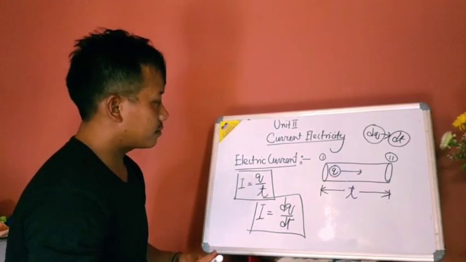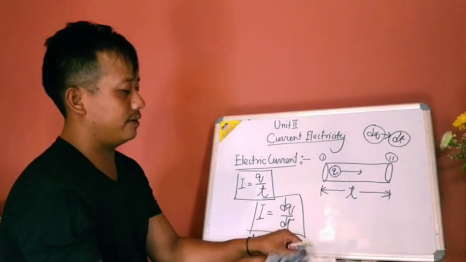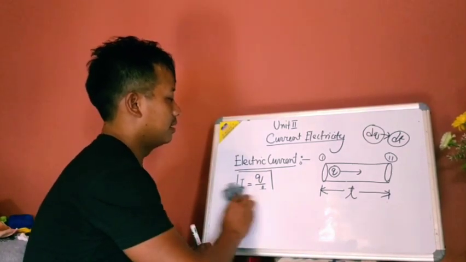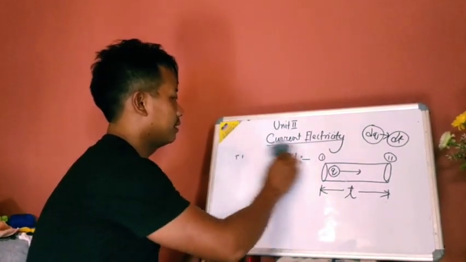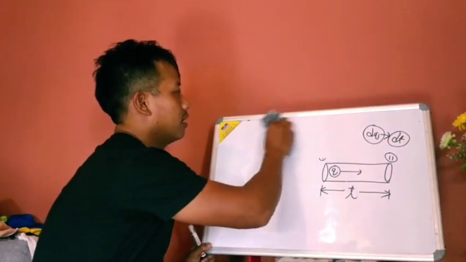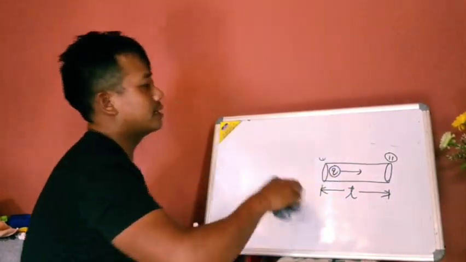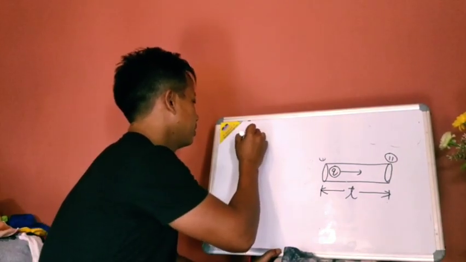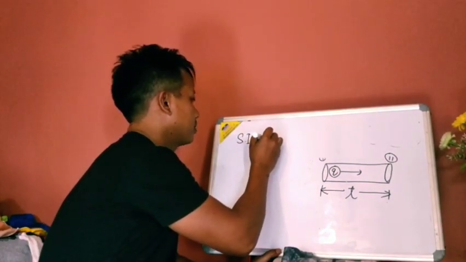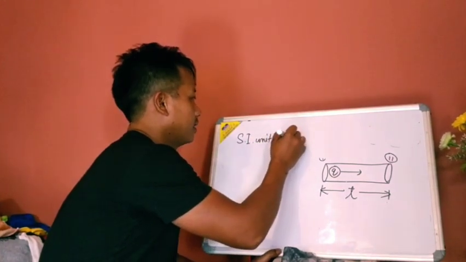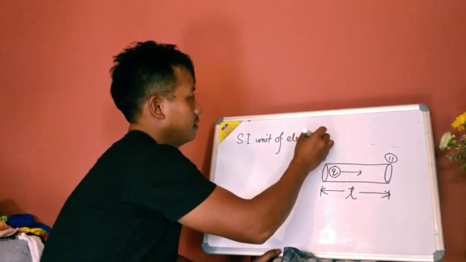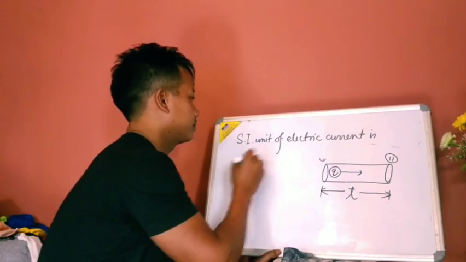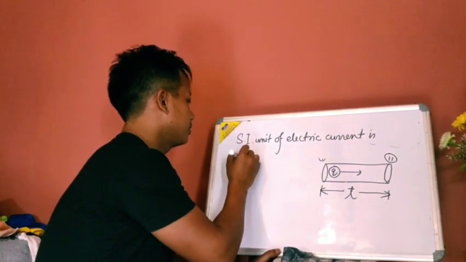Then for every physical quantity there is a unit. So the SI unit of electric current is ampere.